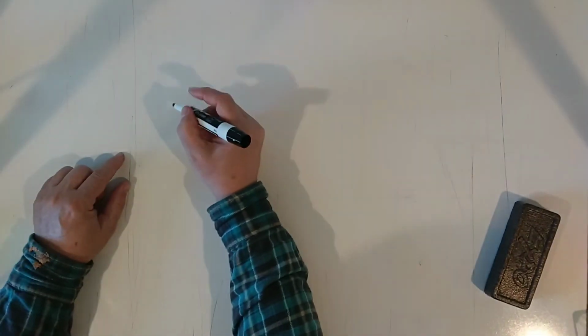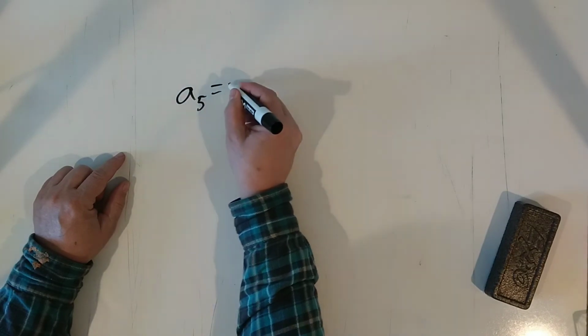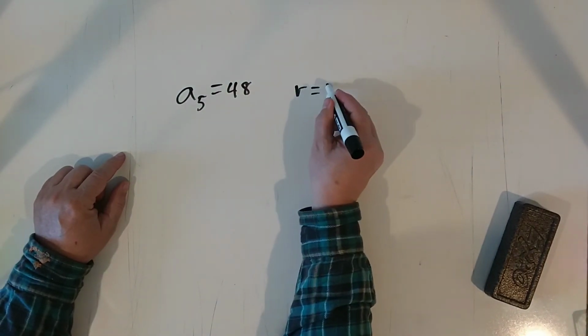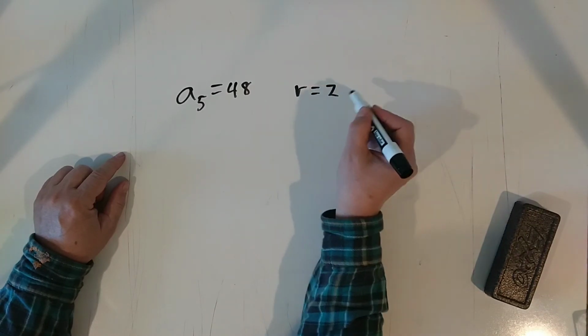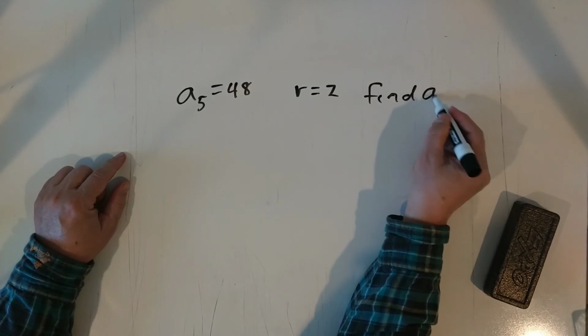Let's do another one to finish off. If a sub 5 is equal to 48 and the common ratio is equal to 2, find a sub 1.